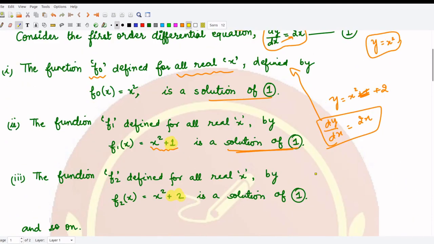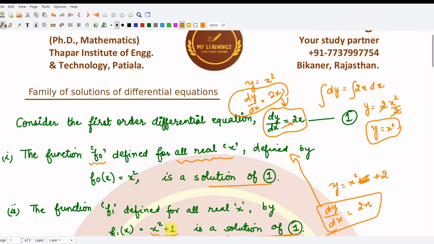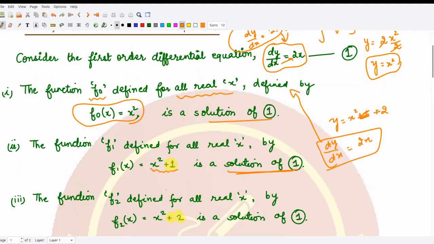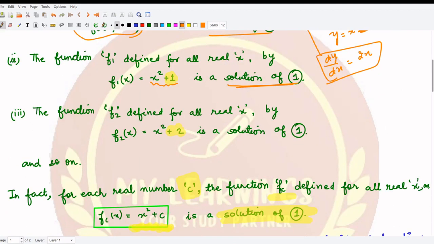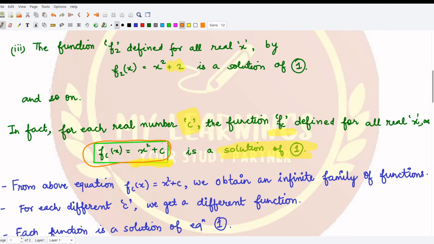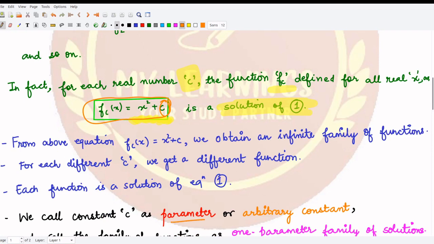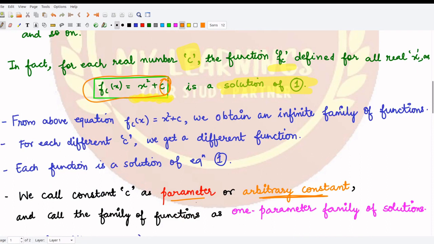So you see, we started from the solution x square, and we now obtain a solution x square plus c. This is basically the general solution here. This c is called the parameter or the arbitrary constant, right? And this equation is called the family of functions, and this is a one parameter family of solutions, right?